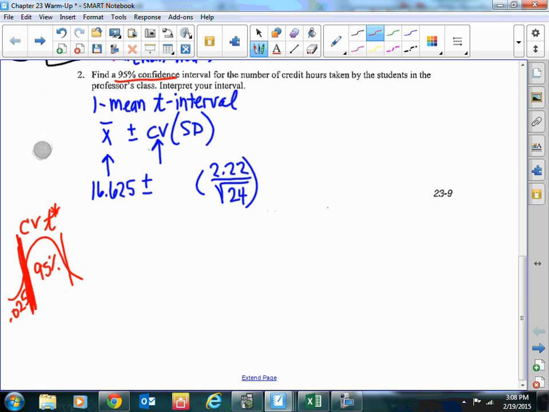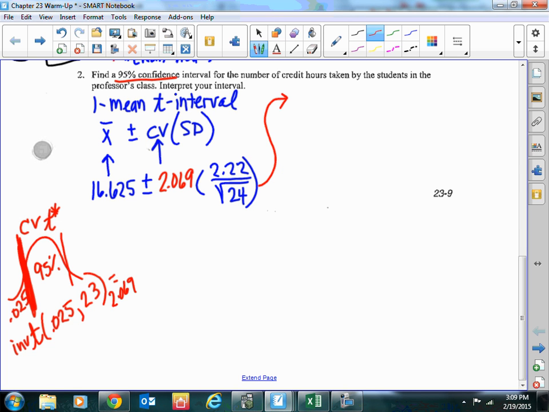So this critical value is inverse t of one tail, comma, 23 degrees of freedom. And when you do that, you get the number 2.069. So that is the critical value that I will put in right here.